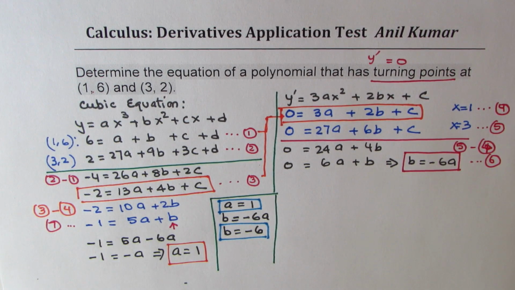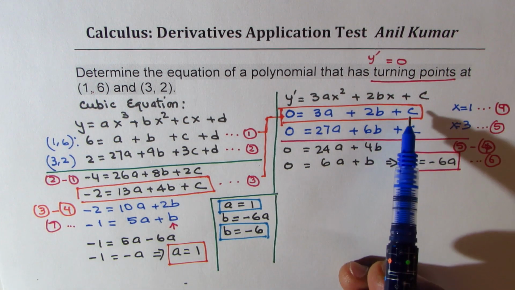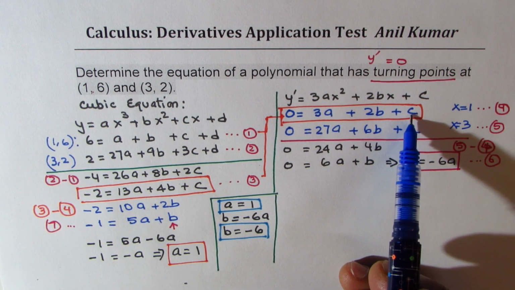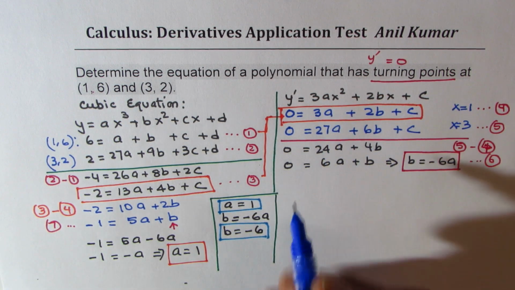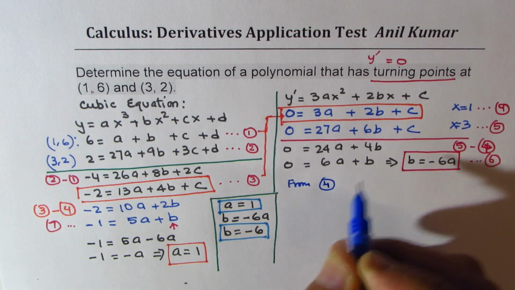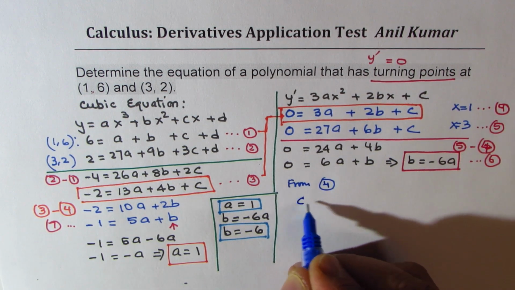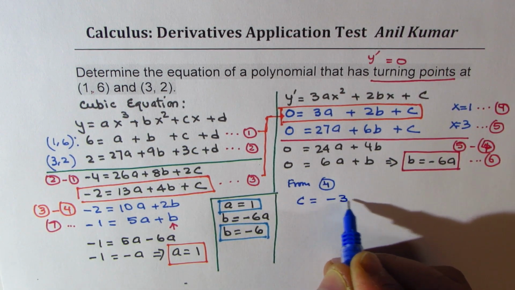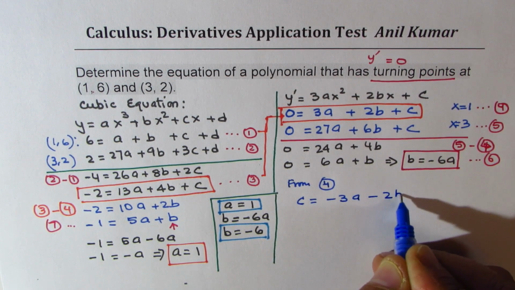How do we find c? The best equation to take for c will be equation 4 itself, right? So that's a neat equation. So from equation 4, we can get c as equal to minus 3a minus 2b, right?